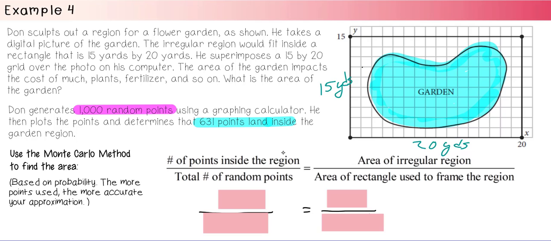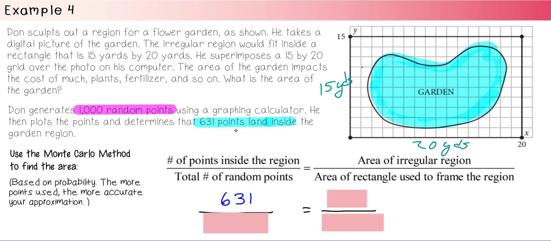He is looking at the fact that proportionately the number of points inside this region compared to the total is going to be equal to the area of the irregular region over the area of the framed entire region enclosing it. The number of points inside the region, we said, was 631 points.